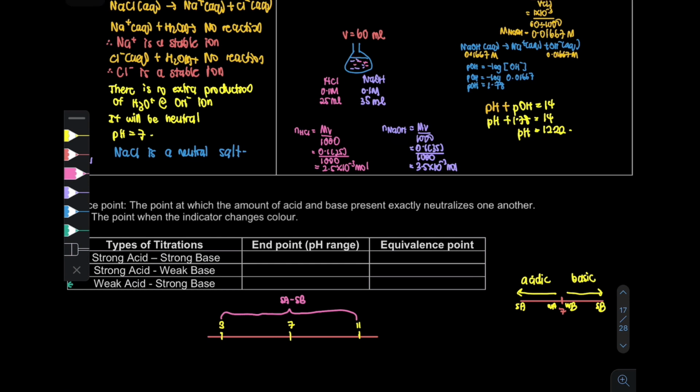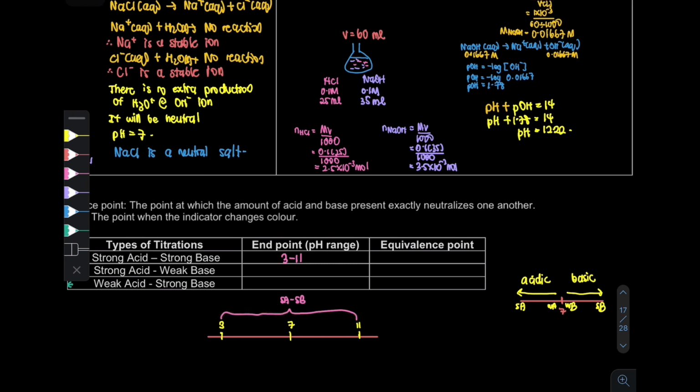3 until 11. Okay, but the equivalent point is the point at which the amount of acid and base present exactly neutralize one another. So the equivalent point means a specific pH, while the end point is a range. So what we're going to do is take the value in the middle of that range.